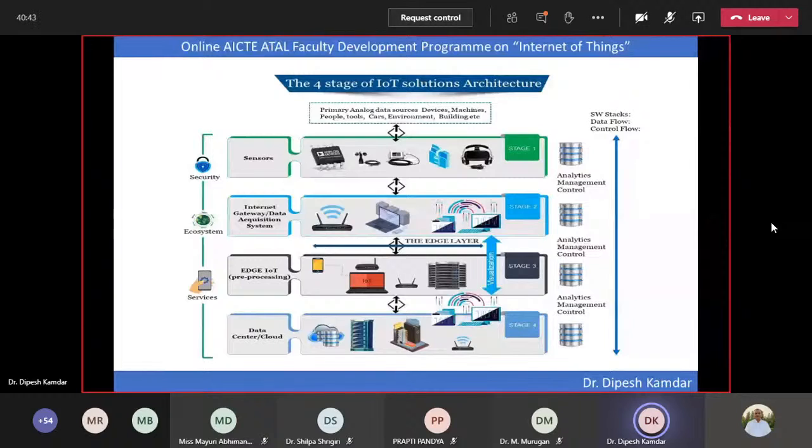Any kind of embedded system which we are using has some sensors. It has onboard computers or other computing boards available.